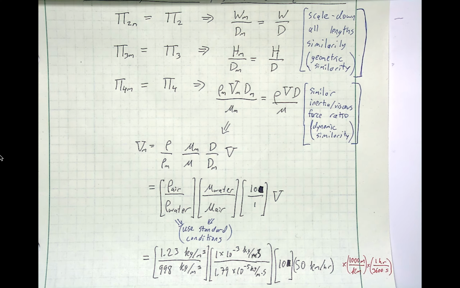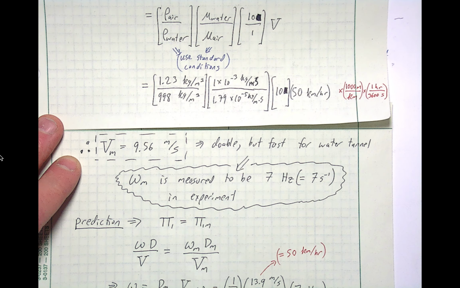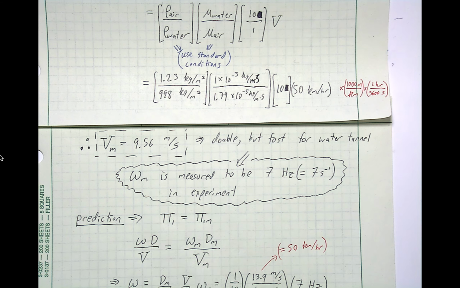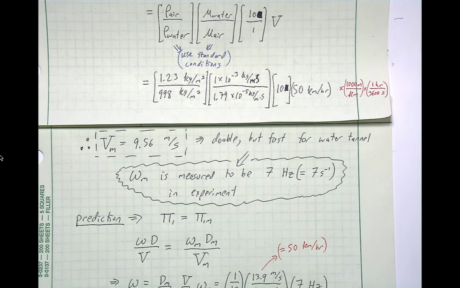Okay, after some conversions to get to meters per second instead of kilometers per hour, the result is that the velocity we need to use in our model system, by matching the Reynolds number similarity, such that we're really testing what the full-scale model will be subjected to, is about 10 meters per second.